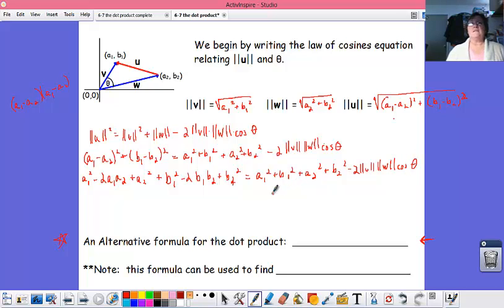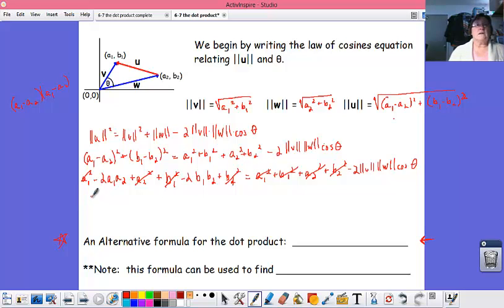Now, you may be thinking, holy moly, Mrs. Brownfield, that looks awful, but look at this. There's an a1 squared on both sides, so those are going to subtract off. There's an a2 squared on both sides. That's going to subtract off. A b1 squared, that subtracts off. A b2 squared, and that subtracts.